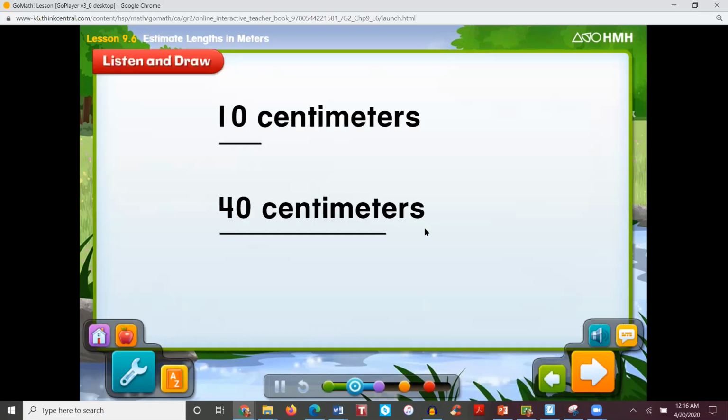Let's estimate objects that are 10 centimeters long and 40 centimeters long. This line segment is 10 centimeters long. This line segment is 40 centimeters long. Here are some objects of different lengths. Which object is about 10 centimeters? The crayon looks to be about 10 centimeters long.